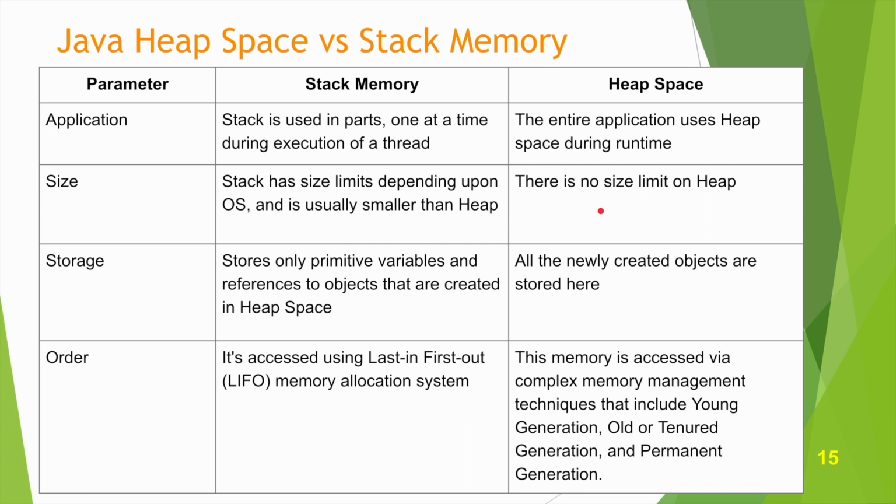And heap space does not have a size limit. On storage: stack memory stores only primitive variables and references to objects that are created in heap space, as we have seen earlier in the image. All the newly created objects are stored in the heap space, and these objects are referenced from the stack.